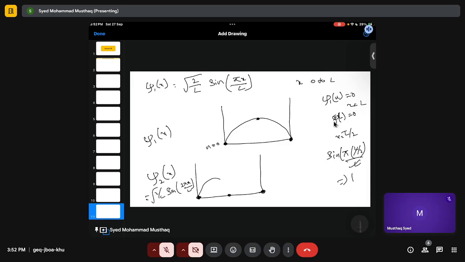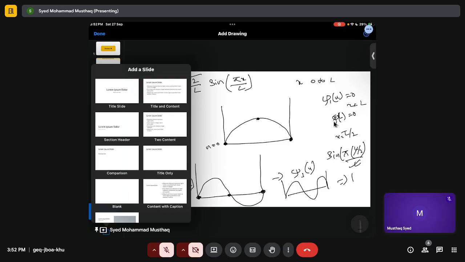So it will increase from here to here, and decrease from here. And if I do it for psi 3 of x, then again we will have another standing wave. It will be like this, and this will go on.